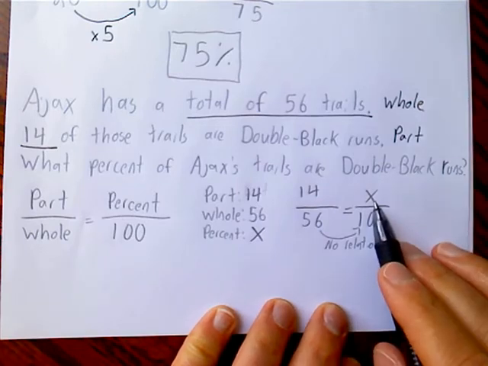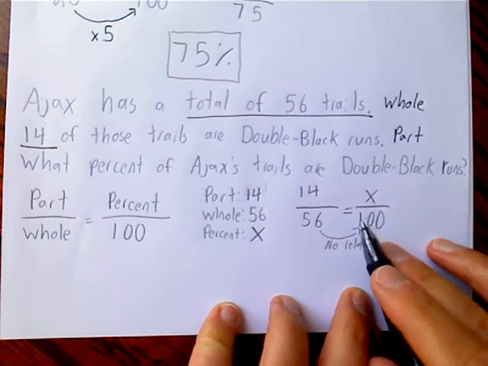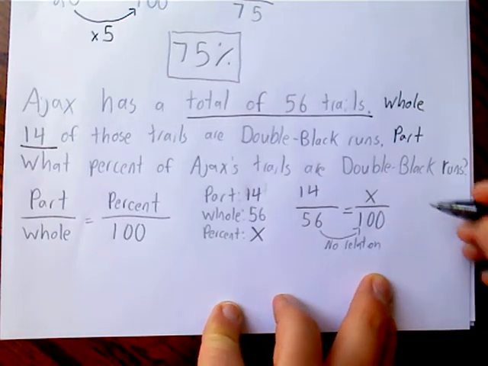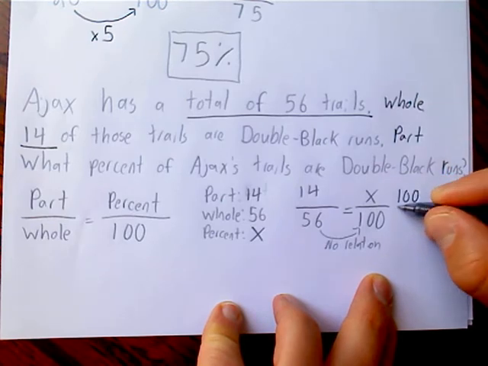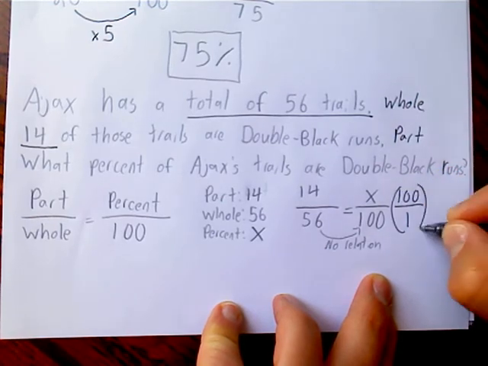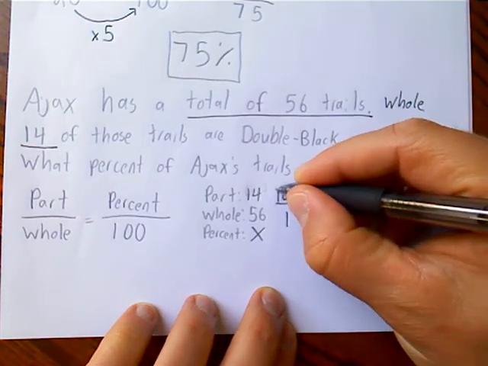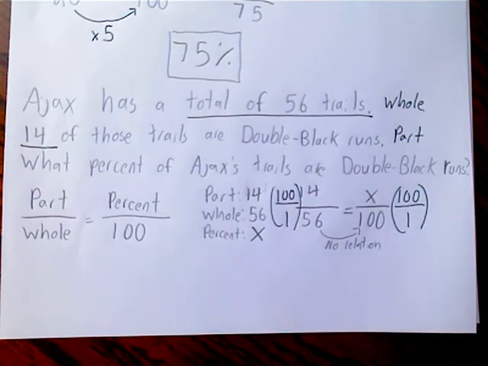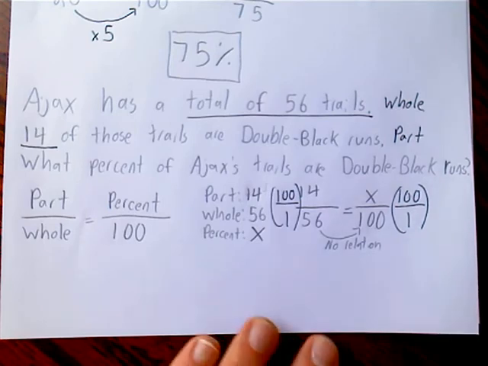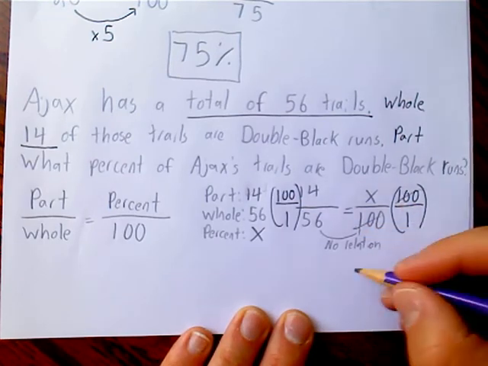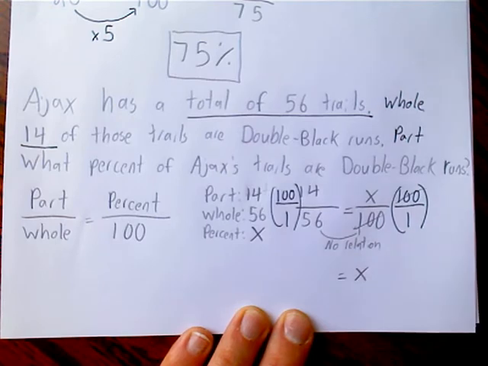To do that, I need to isolate X. Right now it's being divided by 100, so I'm going to multiply by 100. On the right side, multiply by 100 on the left side. My 100s drop out over here, so I've got X.